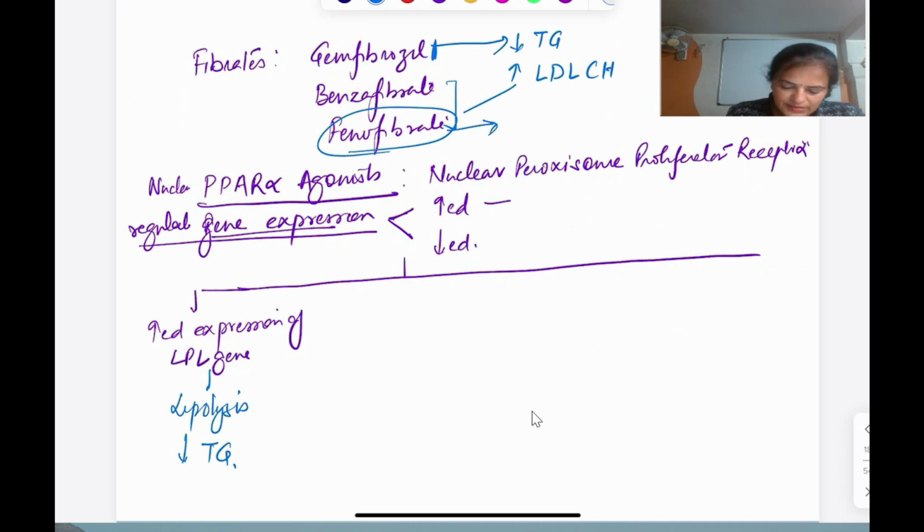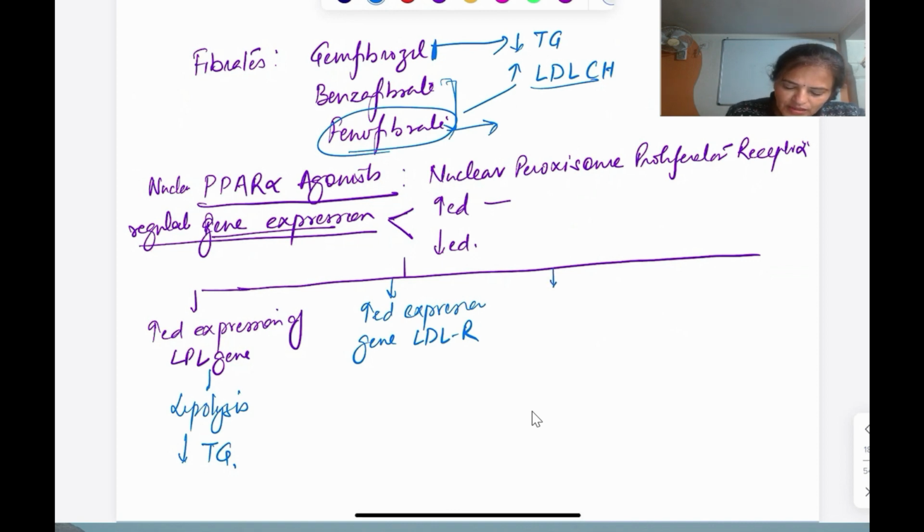Second, it is also going to increase the expression of the gene which regulates the LDL receptor. If LDL receptor expression increases, then what will happen? The LDL will be taken up by the liver. So there is increased uptake of LDL from the periphery by the liver, which is seen mainly with these two drugs.